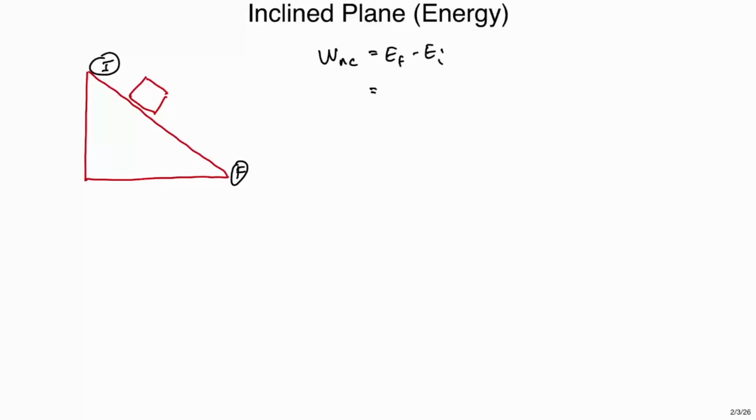You either know something about what's going on, or you're looking for something at that point. Initial and final. That's where you want to pick those things. And this requires a lot of practice and making mistakes and trying and trying and trying.